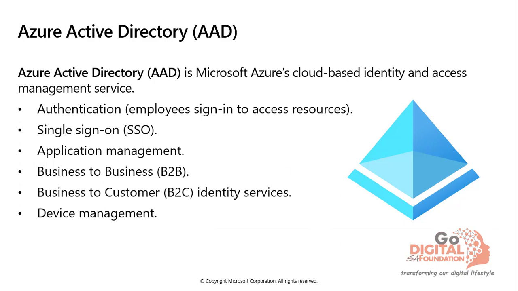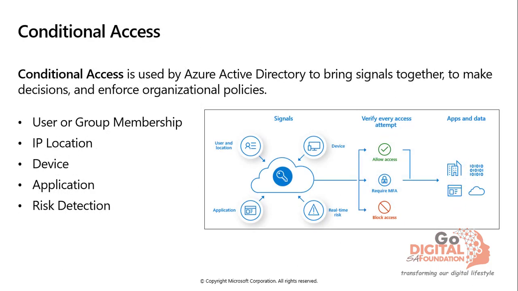Yep. And then we have what we call conditional access. So conditional access is used by Azure Active Directory to bring signals together to make decisions and enforce organizational policies.